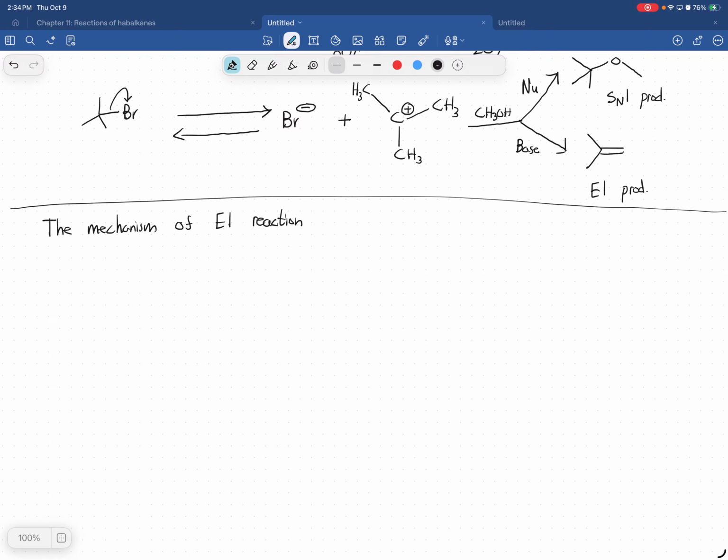That's our intermediate. Well, it's the gateway to the rest of our molecules. So the bromine leaves, and we get Br minus, right? So we're forming a carbocation.